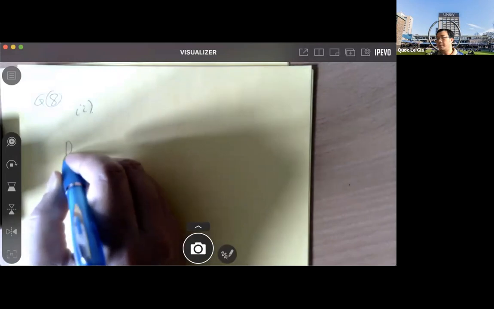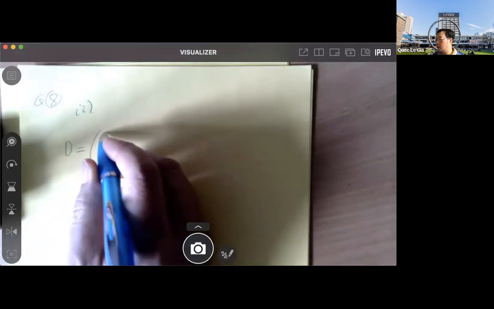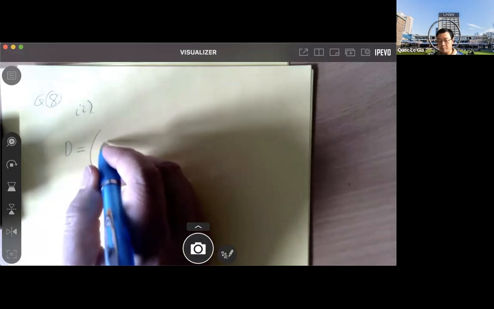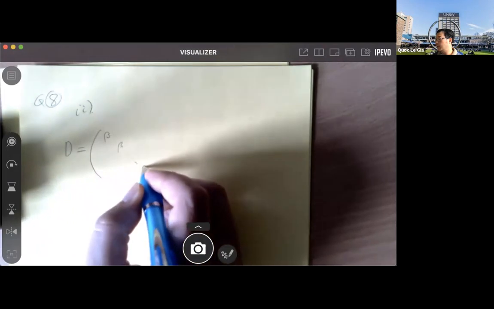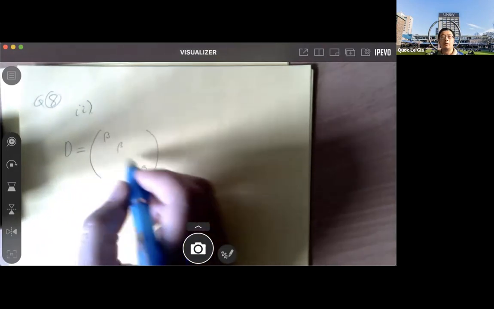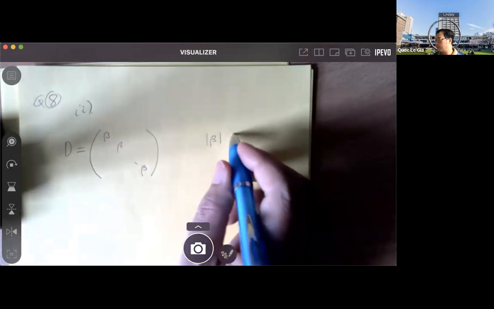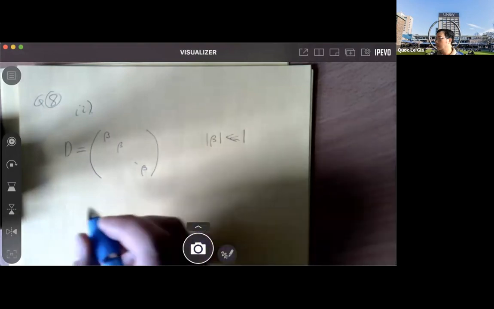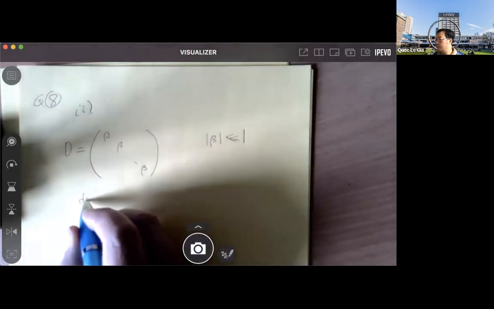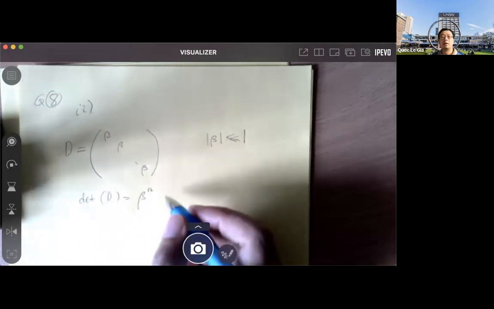Well, if you take a matrix D like this, with some beta on the diagonal, and beta are very small numbers. So suppose beta less than 1, right? Then the determinant of this matrix will be beta to the n.